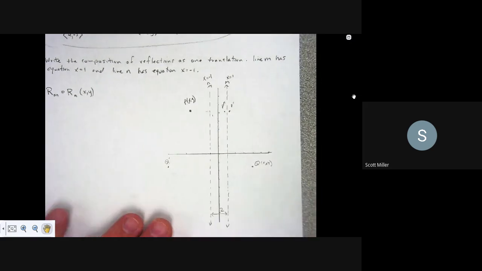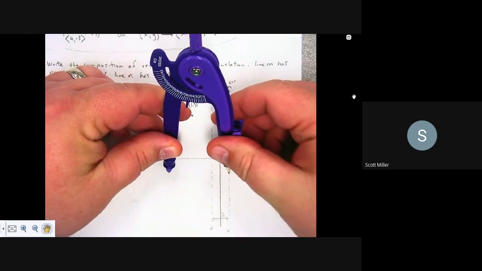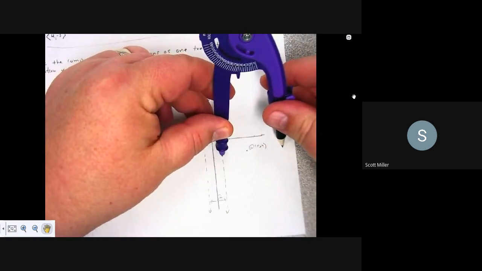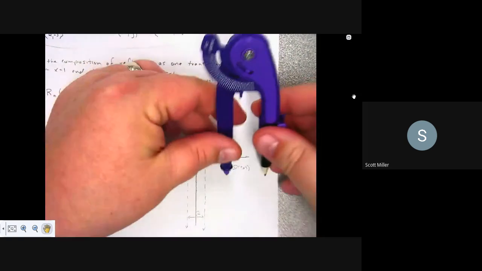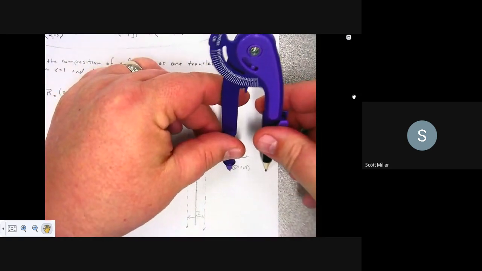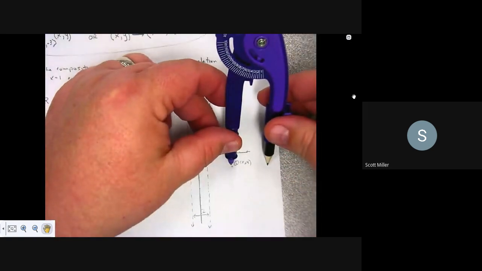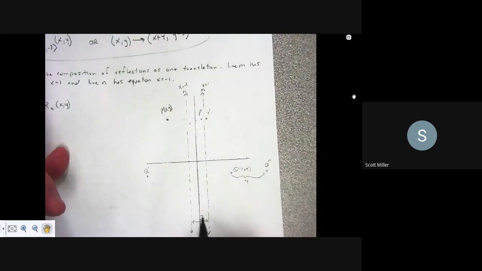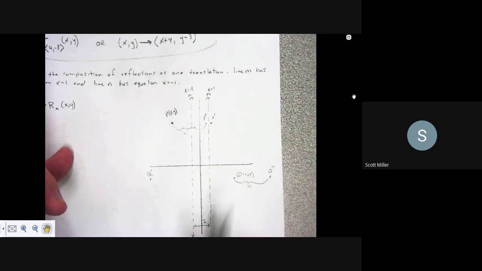Now, take this distance to line M, and then space it over here. And so that then becomes the point Q double prime. And that distance is the same. See? It is also a distance of 4. So this distance is 4, twice the distance between the parallel lines.